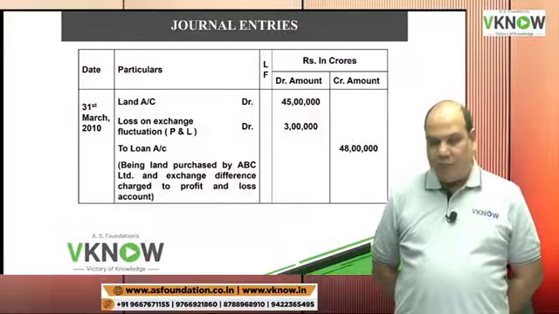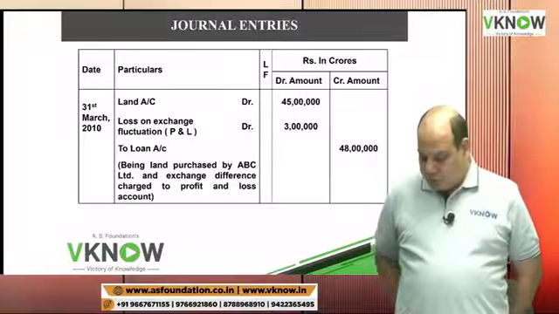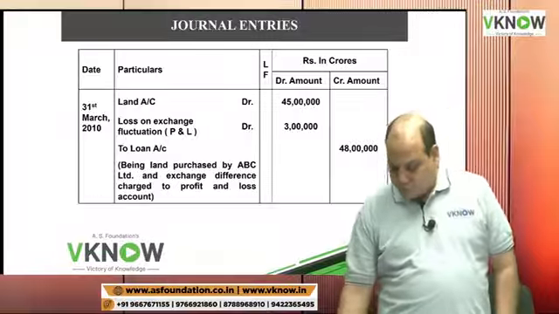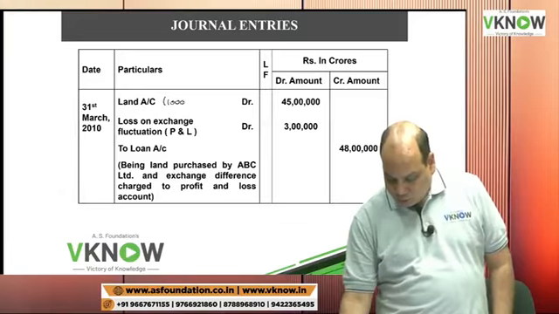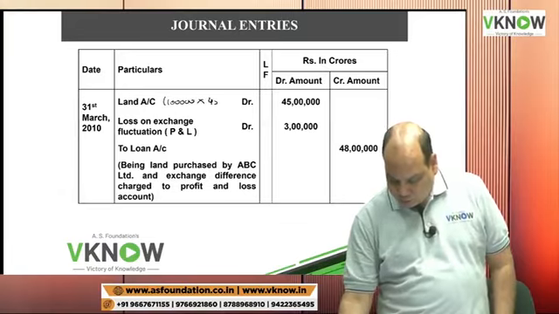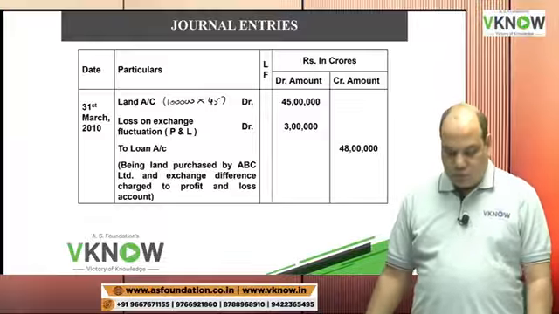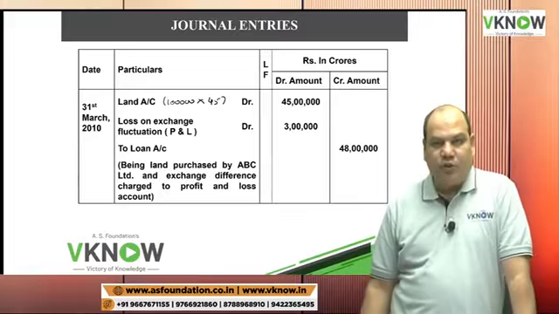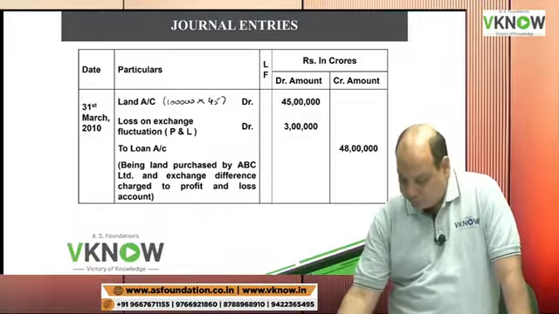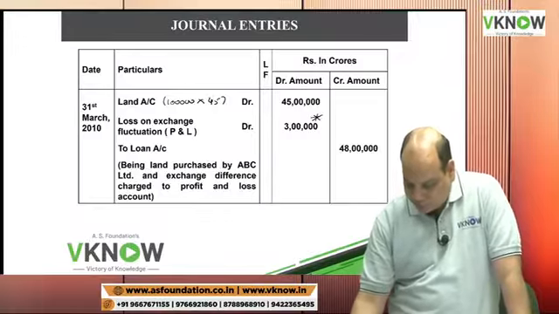So land will appear at its cost only. Land account debit 1 lakh into 45, exchange difference account debit 3 lakh, this is the balancing figure, to loan account.